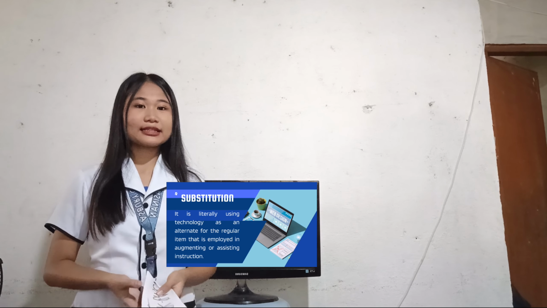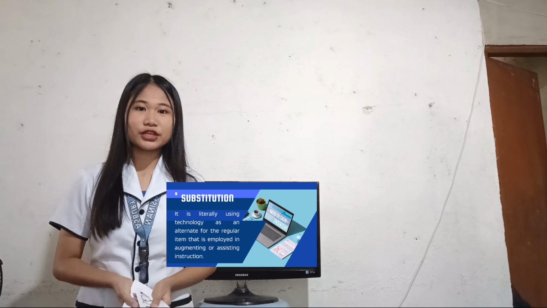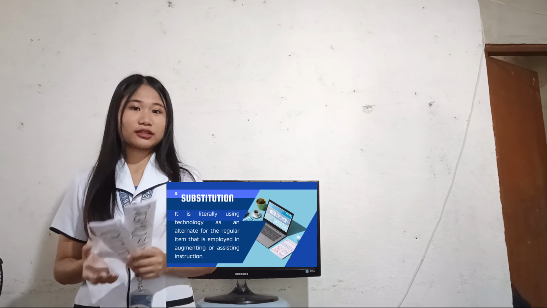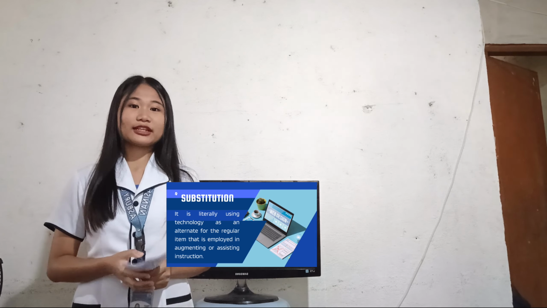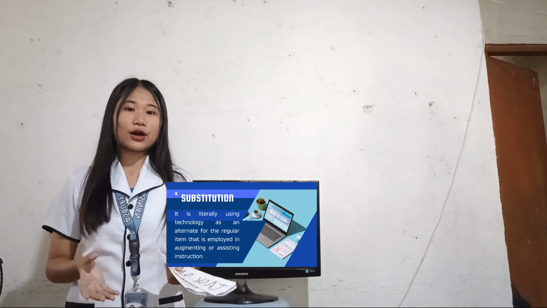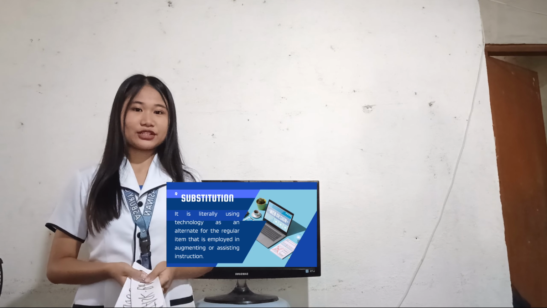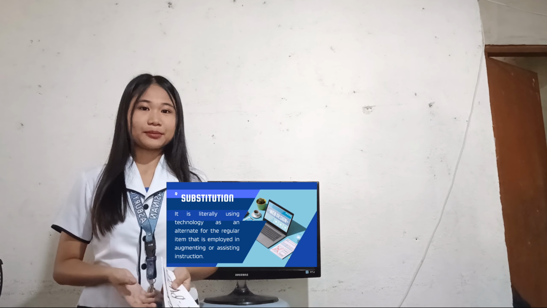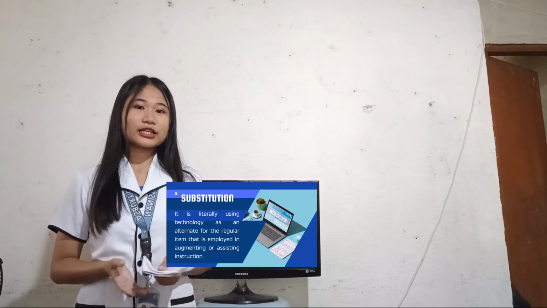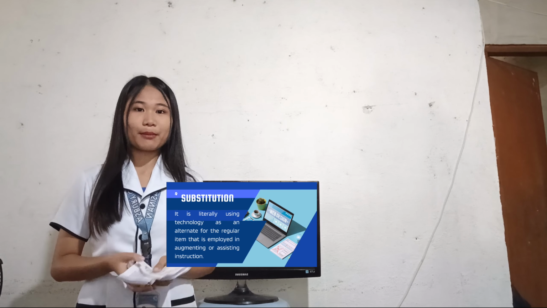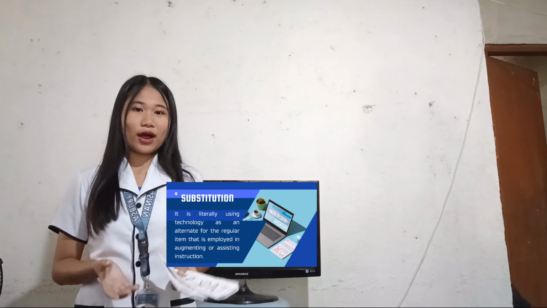So it represents the initial stage of technology integration where the technology is used as a direct substitute for traditional instructional tools without a significant change in the learning task or the goals. Substitution is like swapping out traditional tools or methods with digital ones.